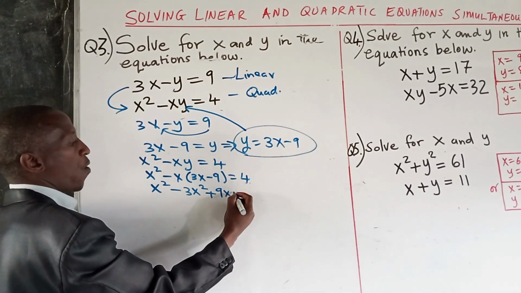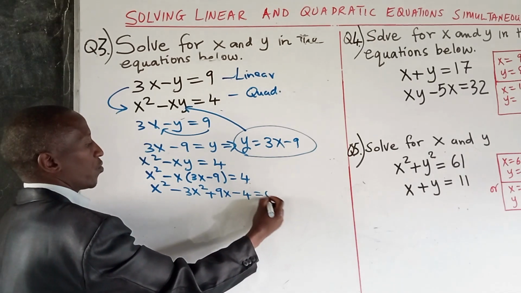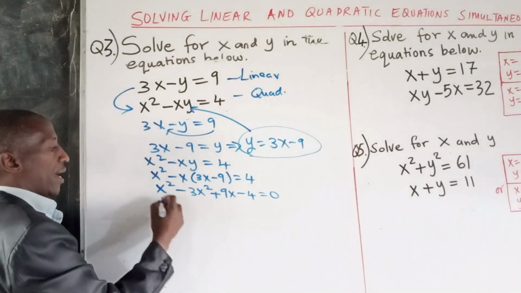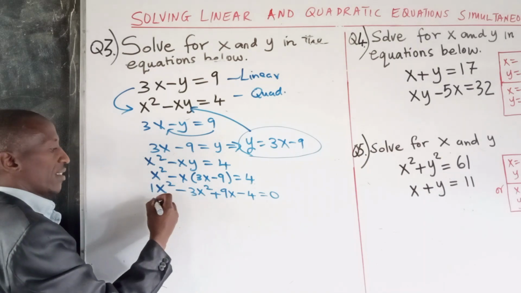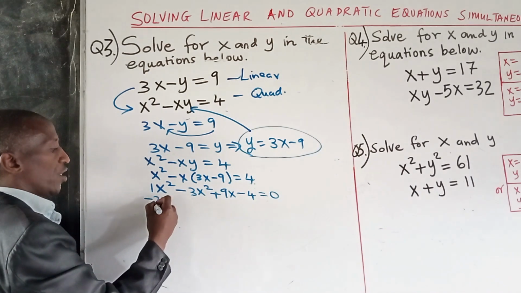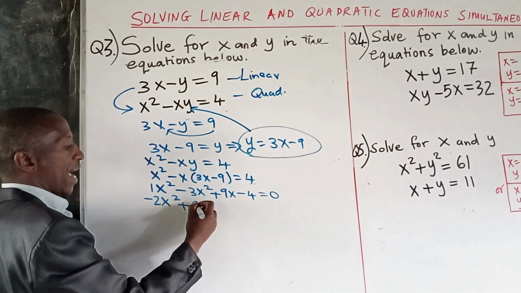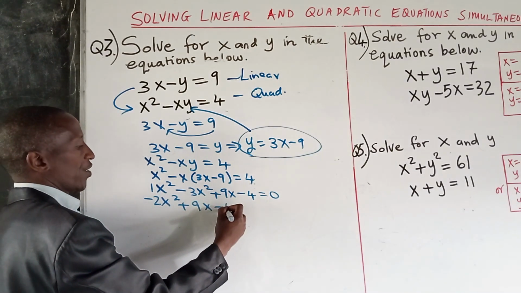We bring in this 4, minus 4 is equal to 0. We put like terms together here and we get 1x minus 3x is negative 2x squared plus 9x minus 4 is equal to 0.